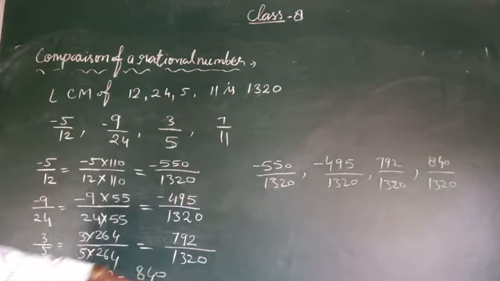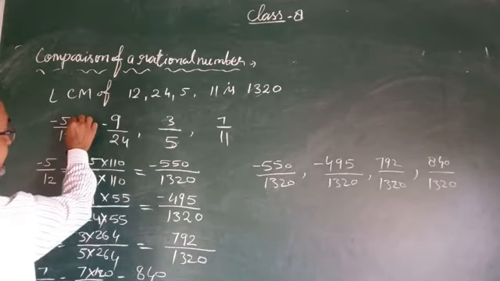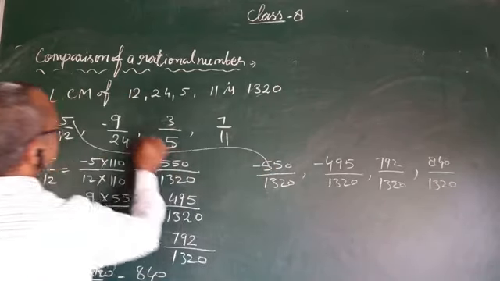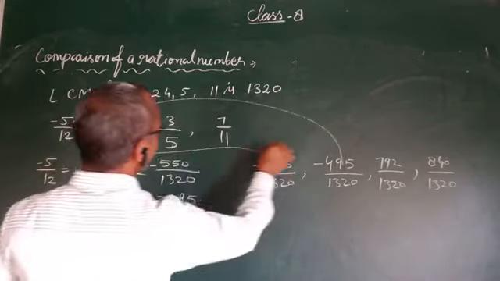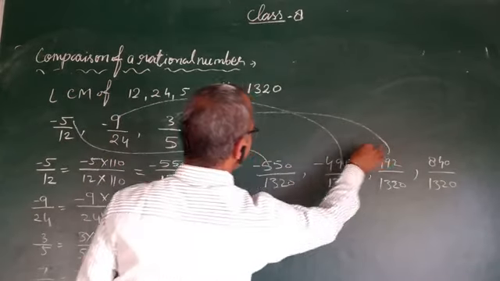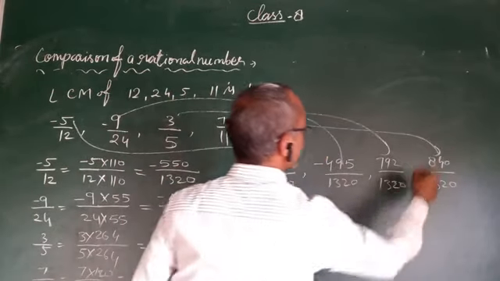So corresponding fractions, these fractions come in this. Second fractions convert into second, third fractions convert into this, fourth fractions convert into this.